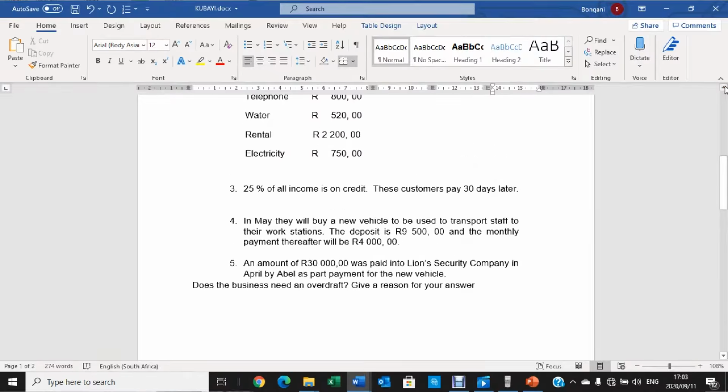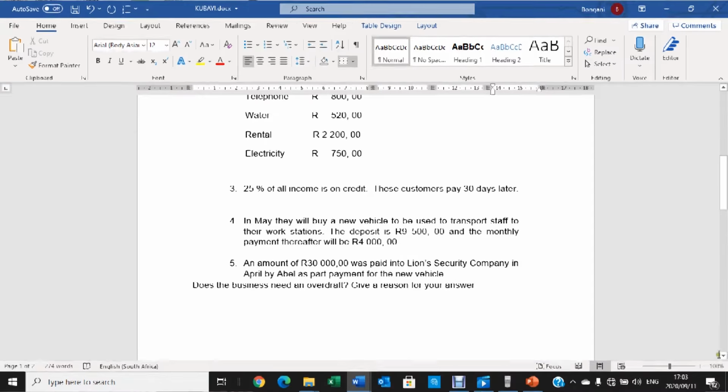Let's look at transaction number 4, or additional information number 4. It reads as follows. In May, they will buy a new vehicle to be used to transport staff to their workstation. The deposit is 9,500, and the monthly payment thereafter will be 4,000. Now, 9,500 is going to be paid in the month of May.